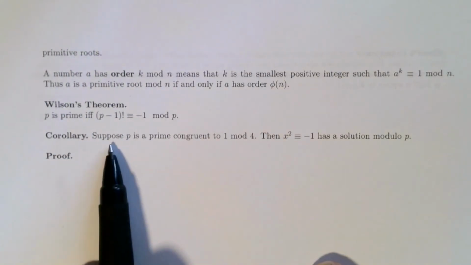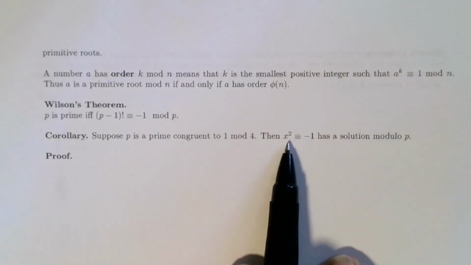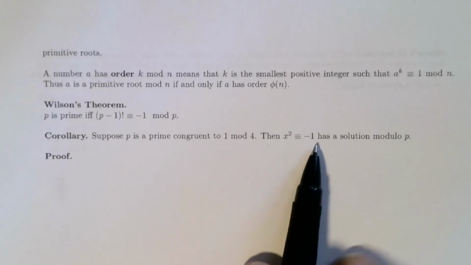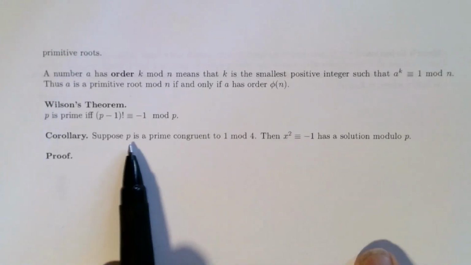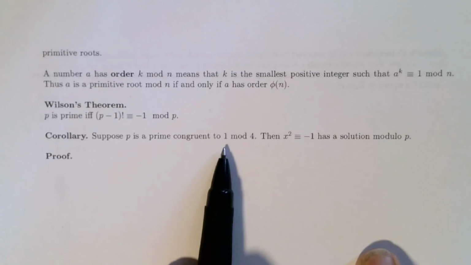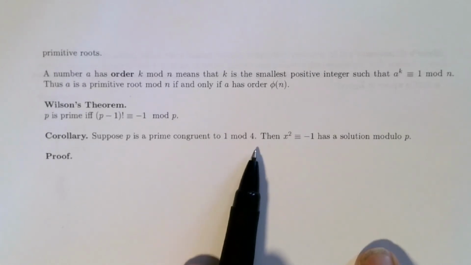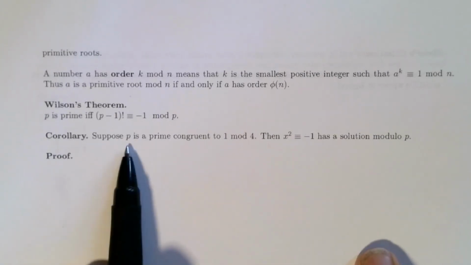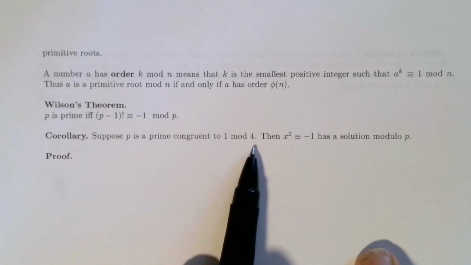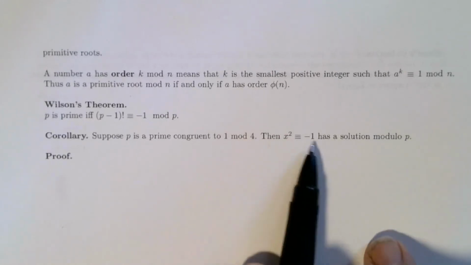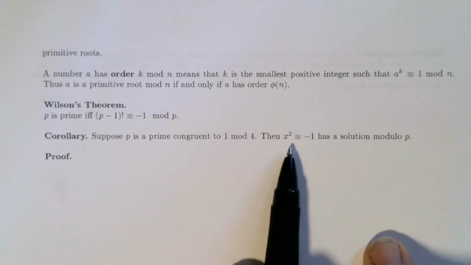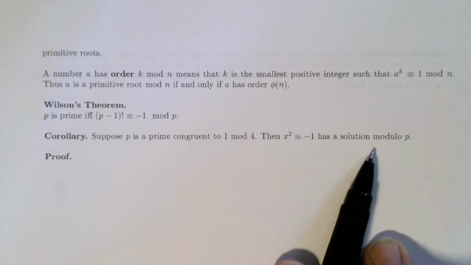An interesting corollary to this is that we can solve x squared is congruent to minus 1 in the case where p is congruent to 1 modulo 4. So let me read that again carefully. Suppose p is a prime congruent to 1 mod 4, so a prime like 5 or 13 and so on. Then you can find the square root of minus 1 in Z_p. That is, x squared is congruent to minus 1 has a solution modulo p.